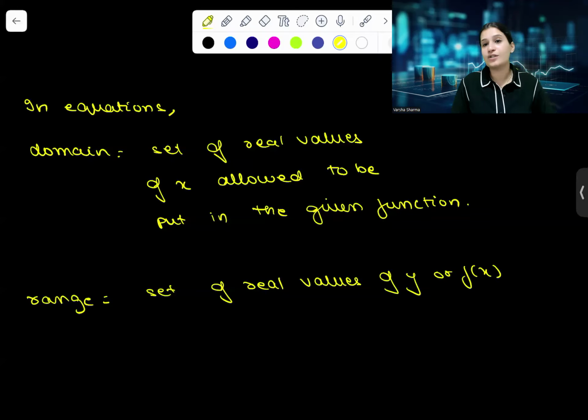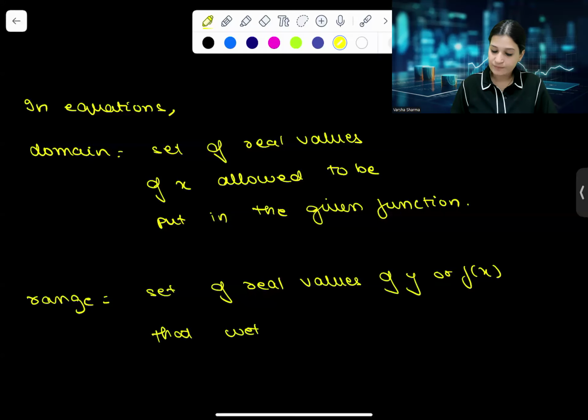In the last class, I told you. Yes or no, online? Are you aware that y and f(x) are the same? Yes, ma'am. The range is the set of real values of y or f(x) that we get as results from the function.